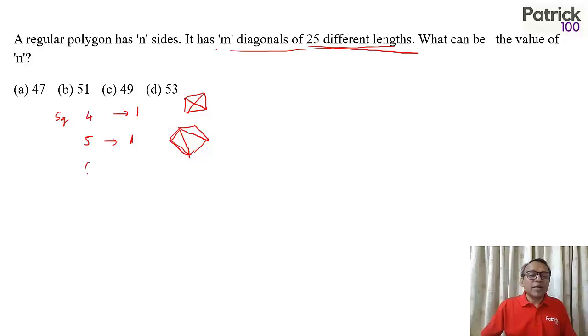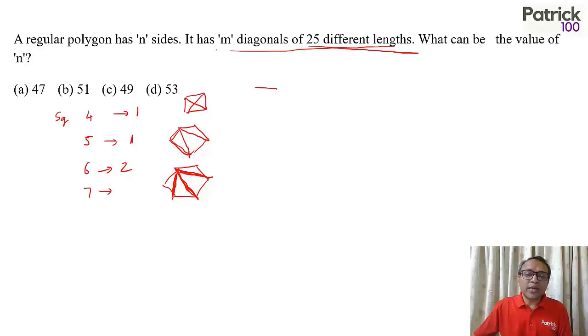If I take a hexagon, a six-sided figure, you will see two lengths of diagonal, 1 and 2. This length is different from this, but it's the same as this other one. So two diagonal lengths.